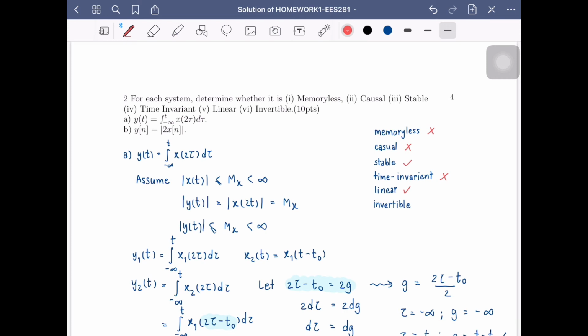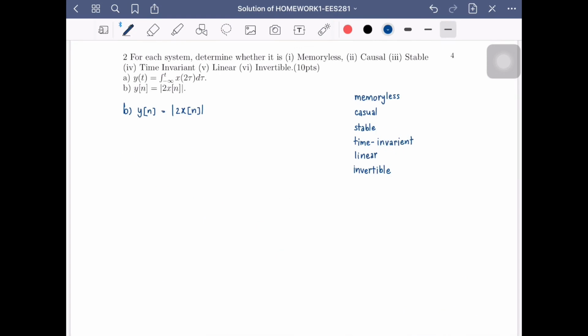And since invertible means the output can be converted into the input, and we cannot convert them here, this is not an invertible signal. We continue on sub question B, which is the discrete time signal.